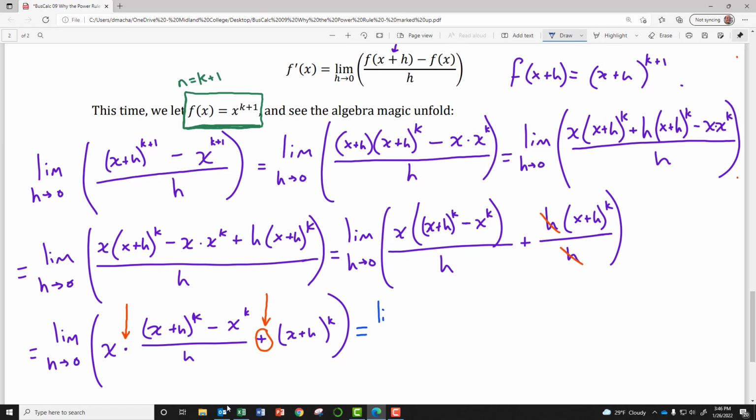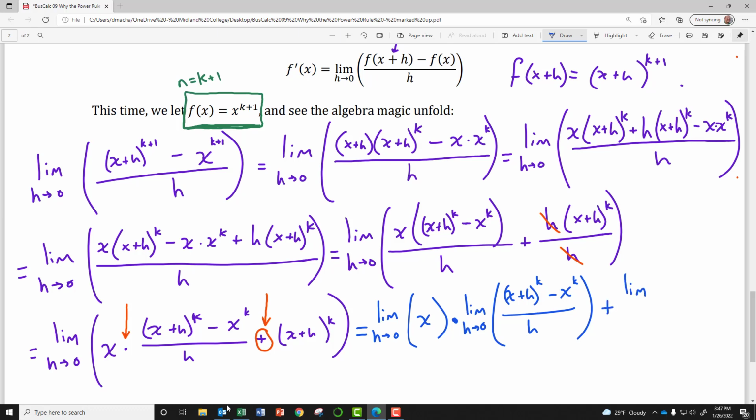So I'll have the limit as h approaches 0 of just x, times the limit as h approaches 0 of ((x plus h) to the power k minus x to the power k) over h. And then again, plus, I get my third limit where I broke it up the second time, the limit as h approaches 0 of just (x plus h) to the power k.